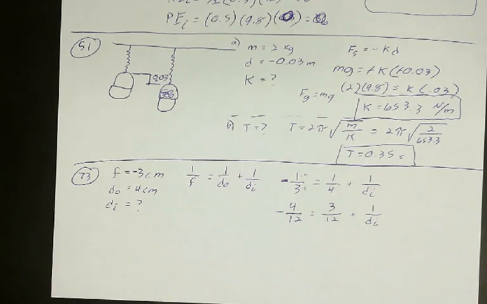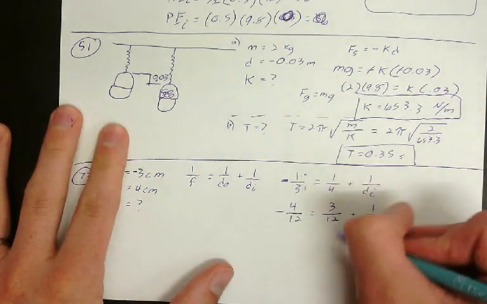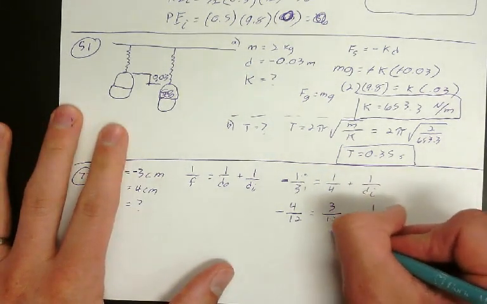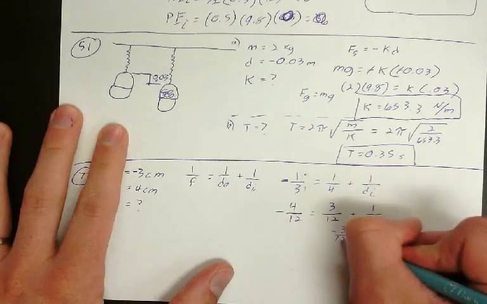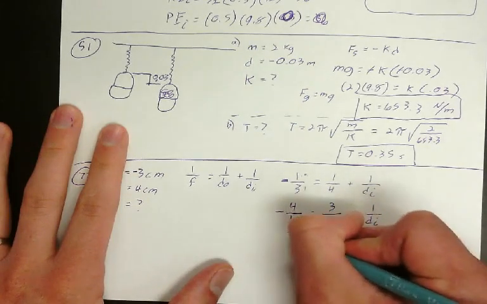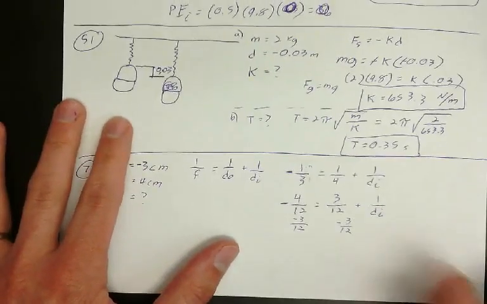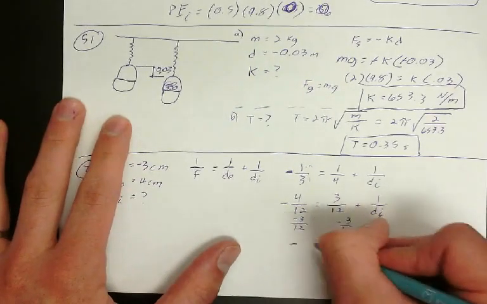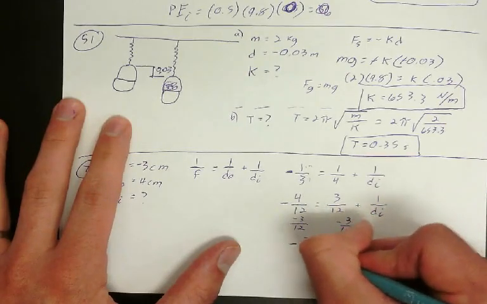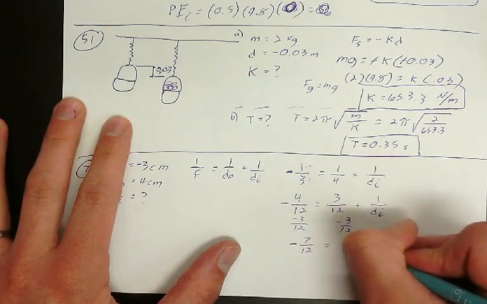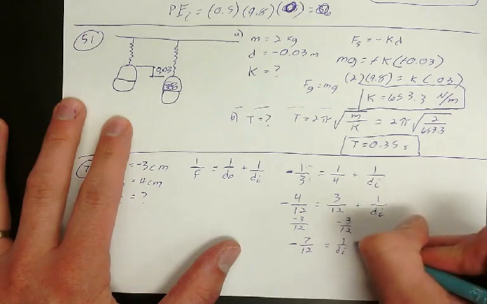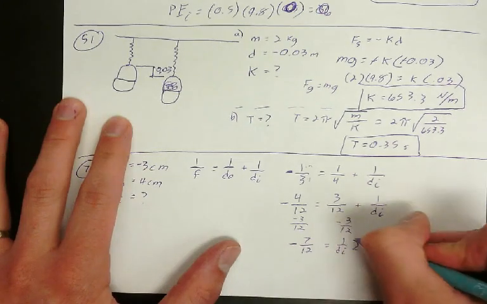Okay. I usually try to make these numbers nice. They're not going to be that nice this time. Subtract 3 over 12 from both sides. When you do, you get negative 7 over 12 equals 1 over DI. But you don't want 1 over DI. You want just DI by itself.